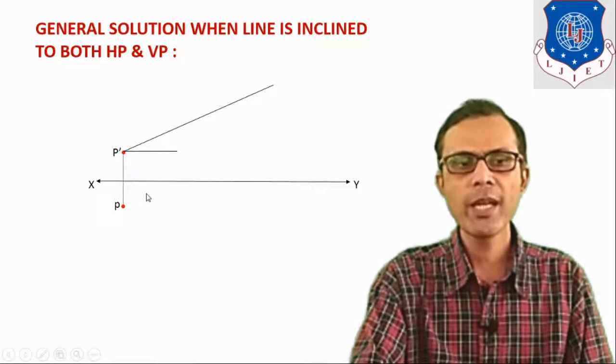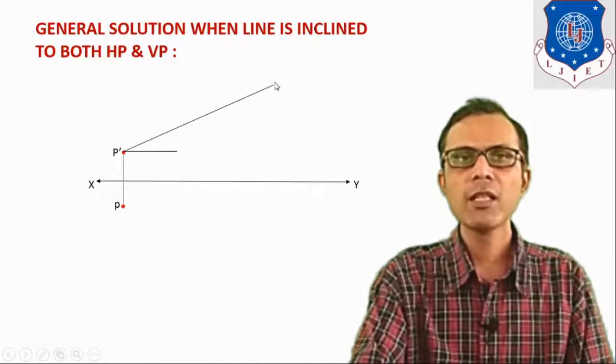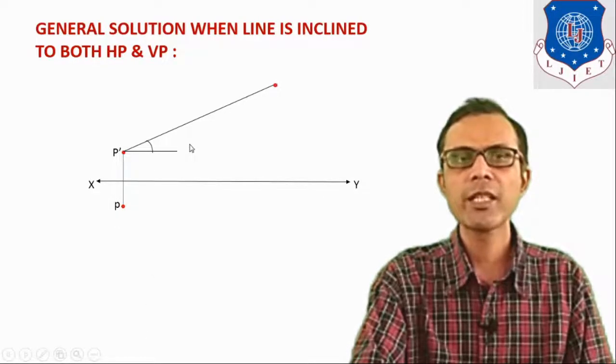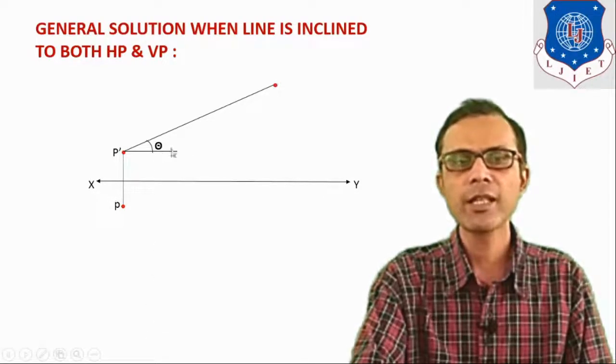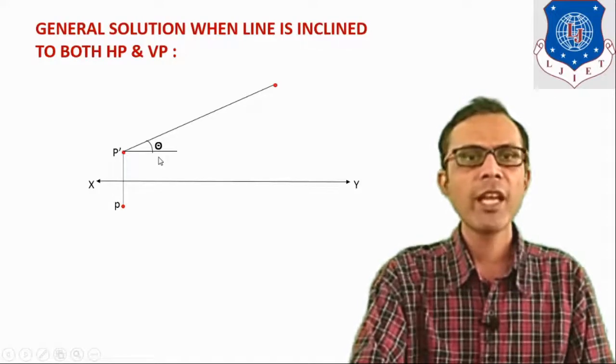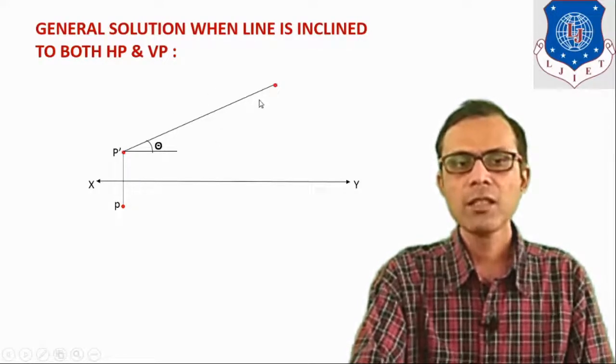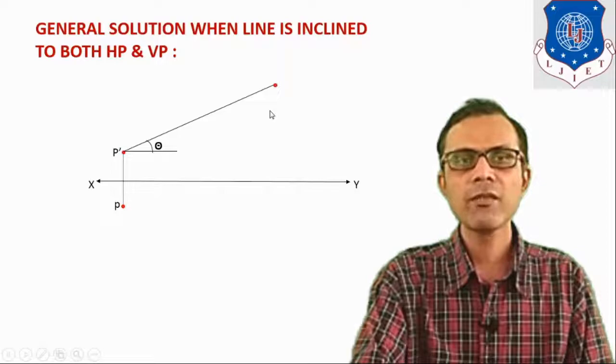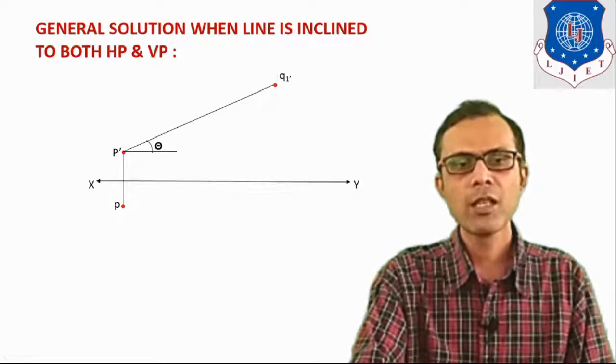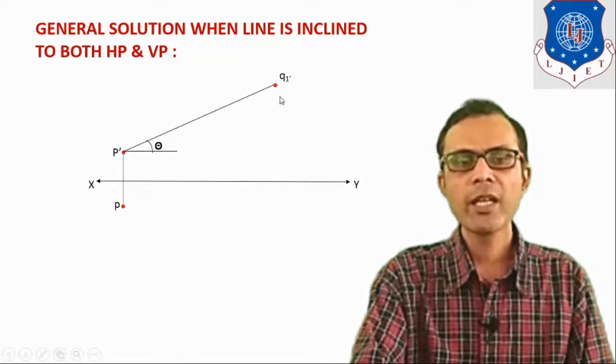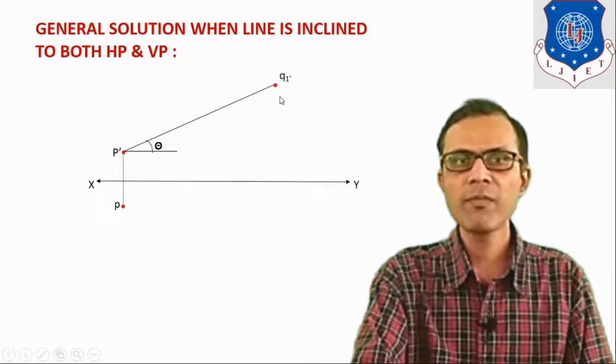So from P dash, you have to draw this line with inclination angle theta. So here this angle is theta, the inclination angle with HP. The length of this line will be equal to the true length. So we will denote it by Q1 dash because it is not the final solution.